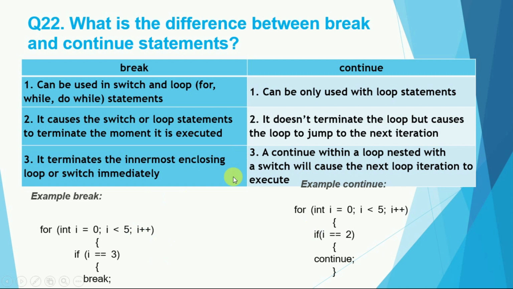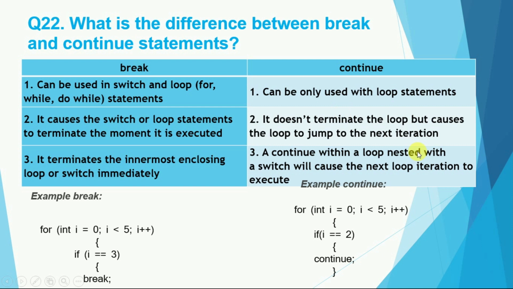So what is the difference between the break and continue statement? You already know about this. You already used the break statement and continue statement in C and C++. In Java it's also the same. The break statement can be used in a switch and a loop, whereas continue can only be used within a loop. Break causes the switch or loop statement to terminate immediately if it's executed, and continue does not terminate the loop but causes the loop to jump to the next iteration.